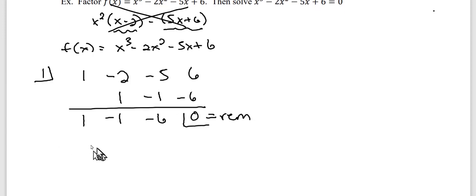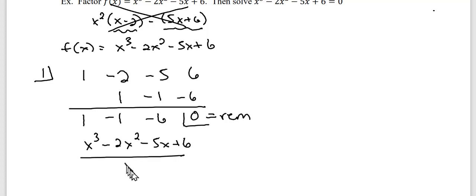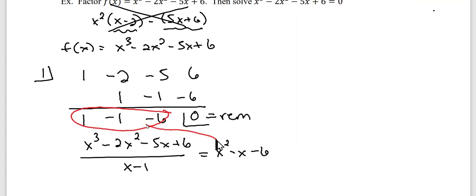Really, what I found was that x cubed minus 2x squared minus 5x plus 6 divided by x minus 1 is equal to x squared minus x minus 6, using these numbers as the coefficients over here.